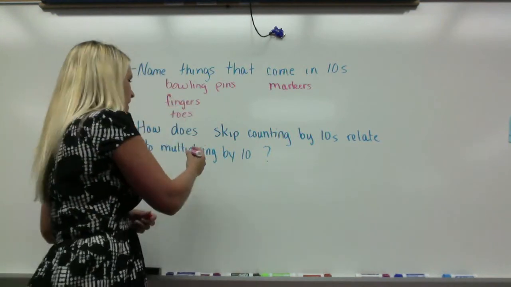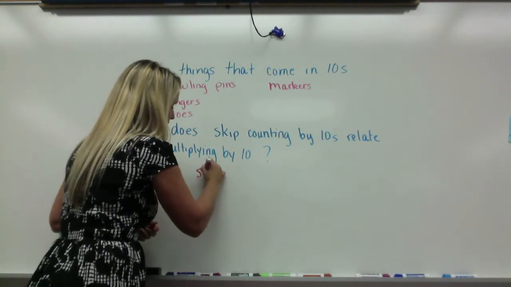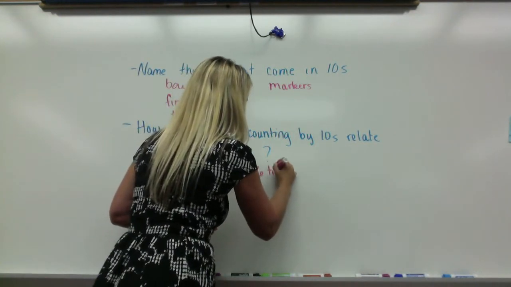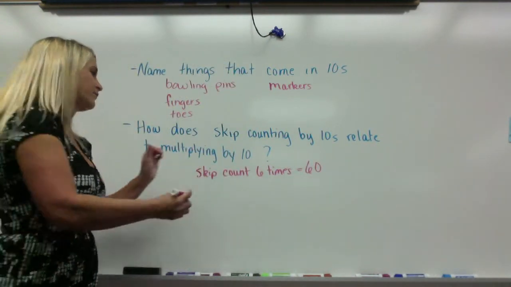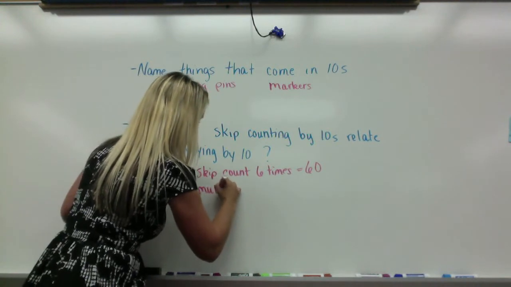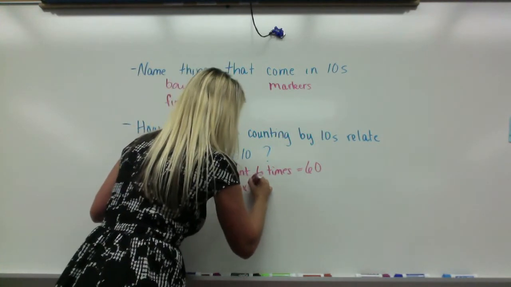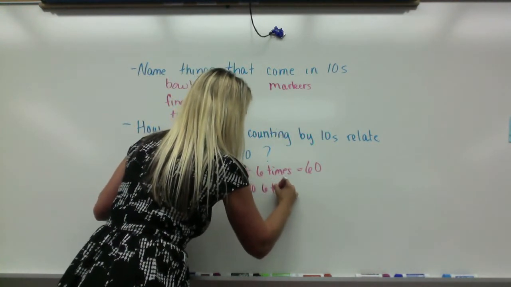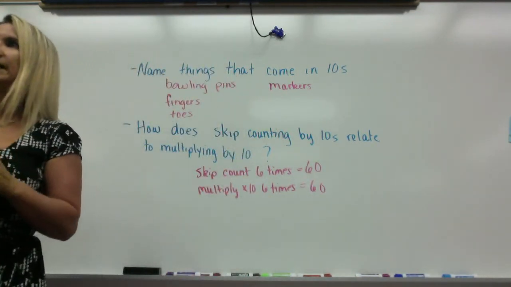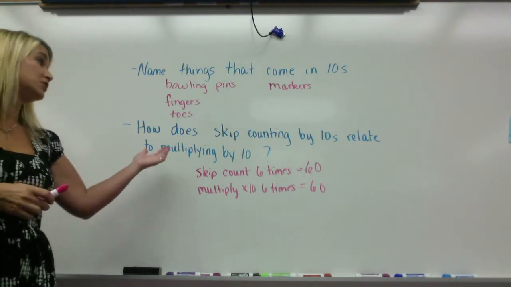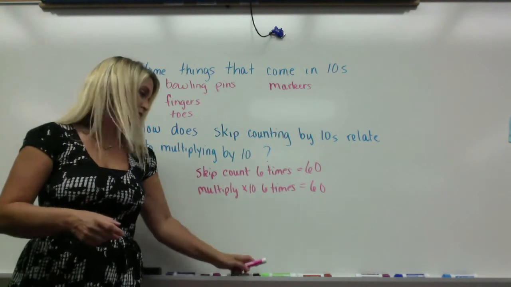So if we skip count 6 times, we'd get 60. And if we multiply 10 by 6, it equals 60.